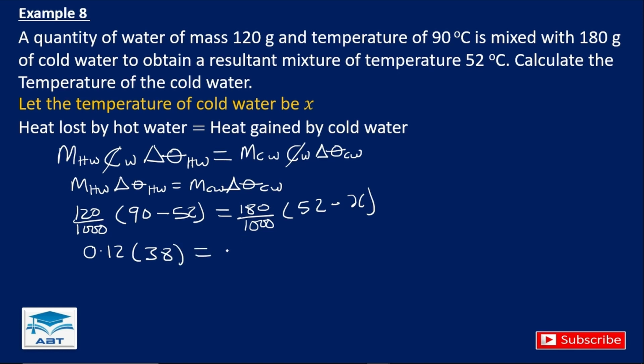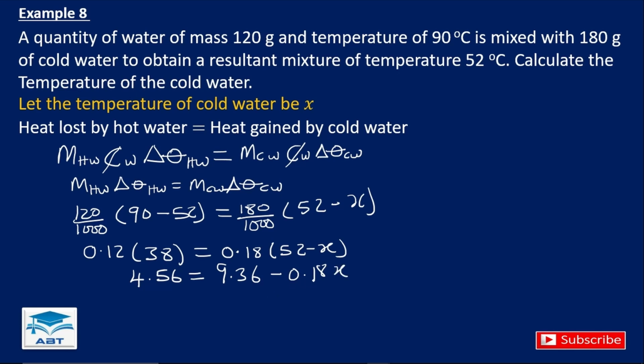180 divided by 1000 is 0.18, and we have 52 minus X. Now 0.12 times 38 is 4.56. So we expand. 0.18 times 52 is 9.36 minus 0.18x.